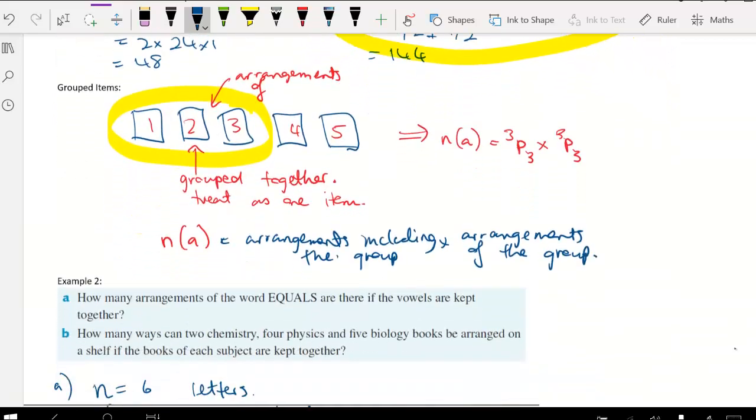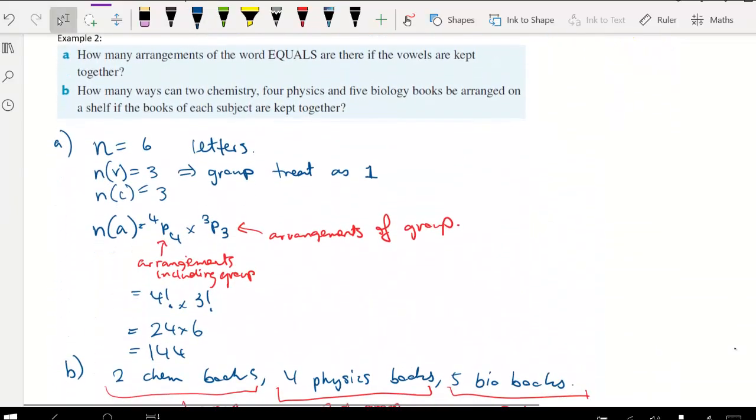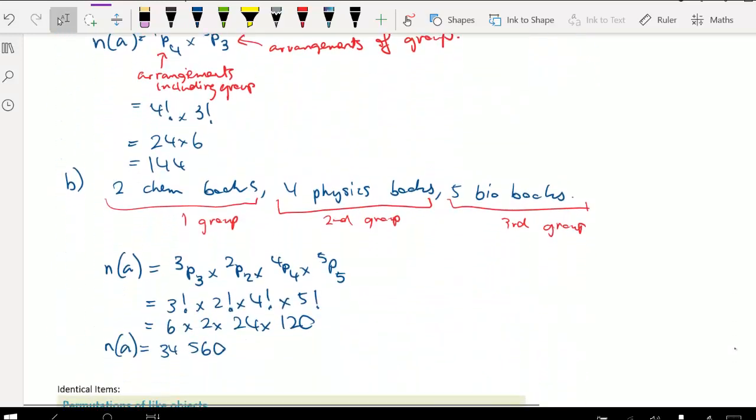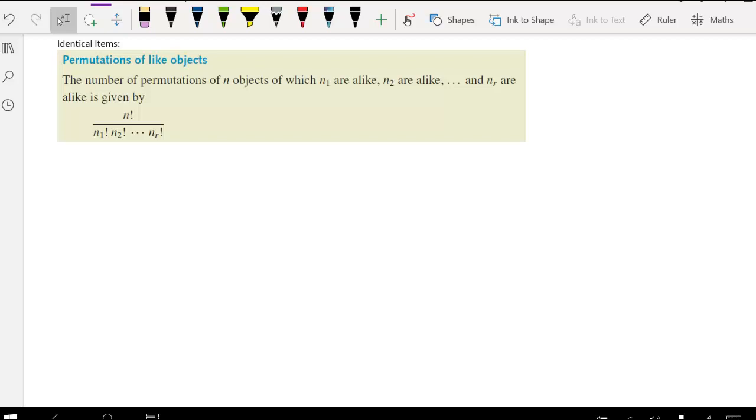So there's 2 restrictions. We've looked at general restrictions in position, and we have looked at restrictions where we've got grouped items. The next restriction is when we're looking at identical items. The simple way to think about this is, if I've got 4 objects, let's say I've got a red and 3 blues.